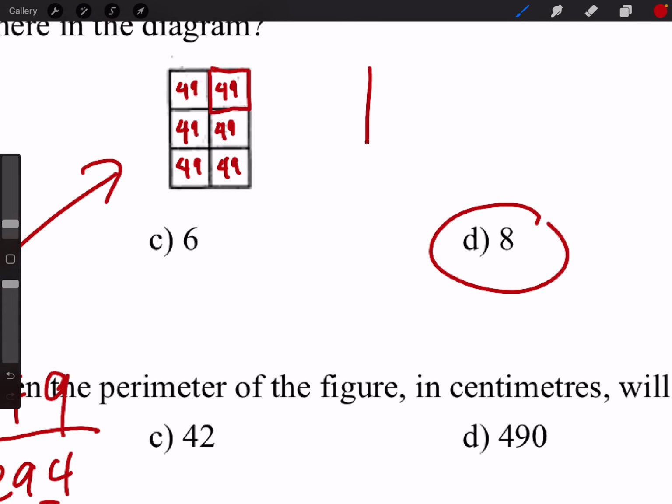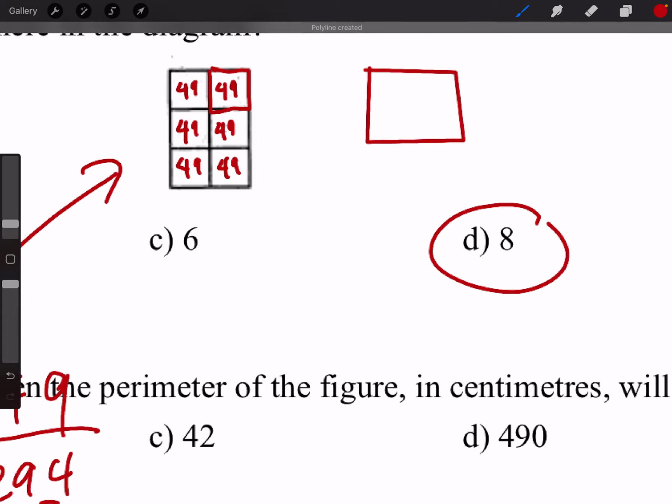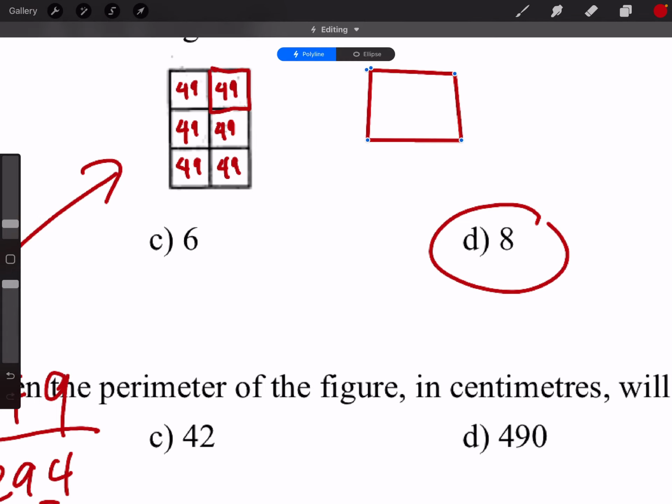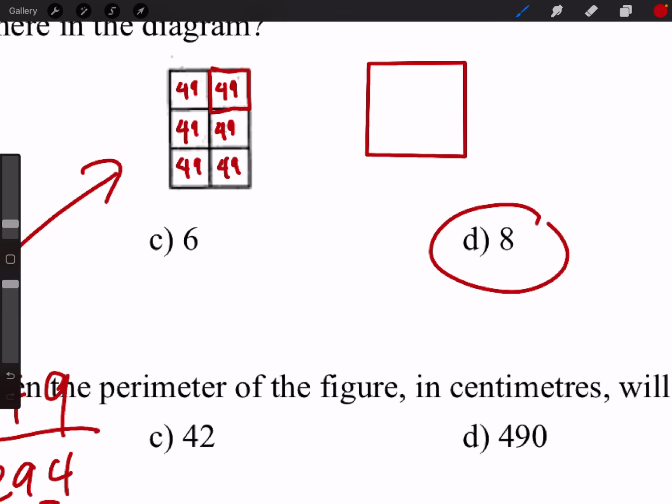Now let's think about this for a second. If you have a square, let's try to fix that a little bit. Looks a bit better. So imagine you have a square.